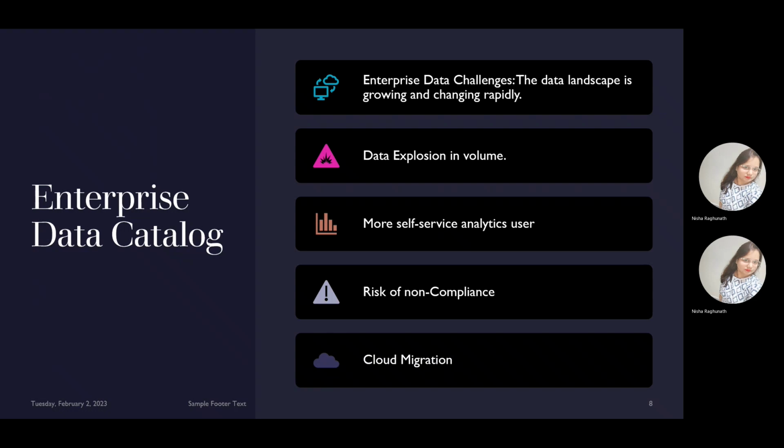And as the users of this data, they are looking for an easy way to access, or more self-service access, and they can analyze the data. So this is a request along with security also. They want their data to be secured and safe. With all these things, they all come into a package where the cloud comes into the picture.